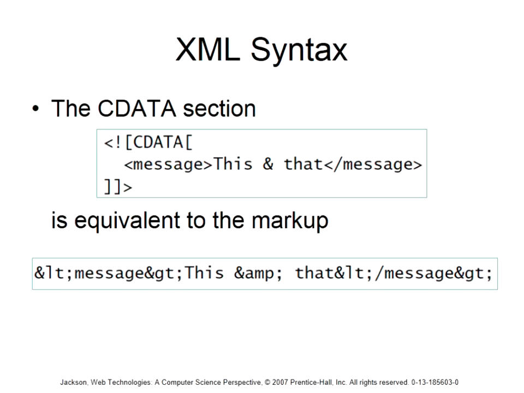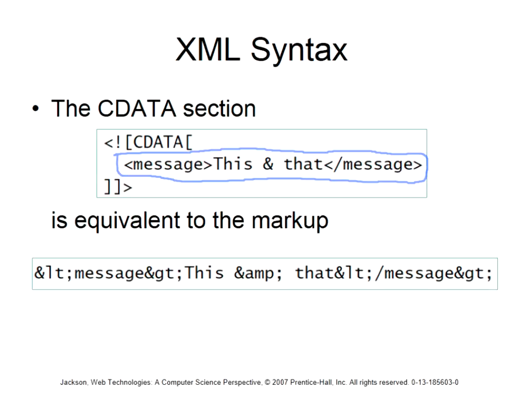So in this example, all this content will be interpreted as character data and not as a tag. So in this example we write message, this and that, end message.